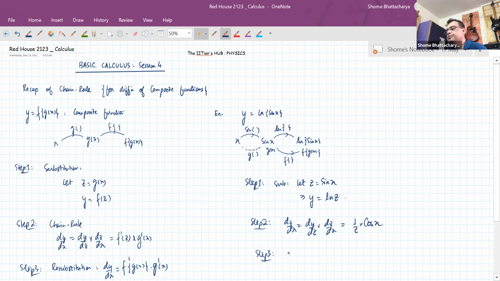So this will become 1 by sin x into cos x. Or in this case, we can say that dy by dx would be cot x. That would become my final answer. Okay, so hope the method is clear to all of you, which we have seen on the left hand side, and the particular example on which we have applied the method, which is on the right hand side. Hope this is also clear.